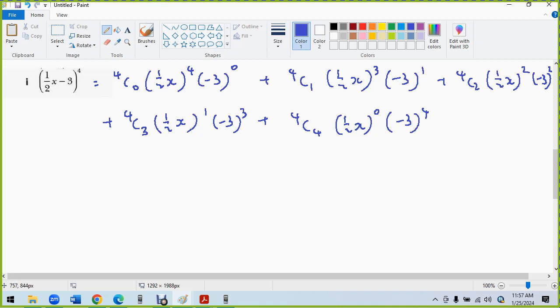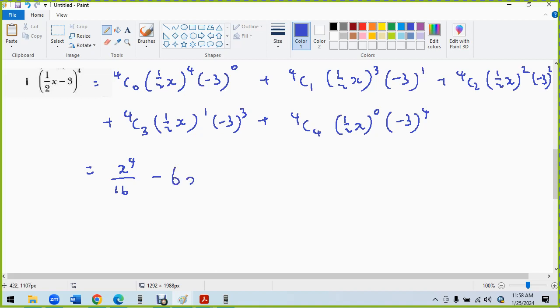Half power 4, 3, 2, 1, 0. Negative 3 power 4, 3, 2, 1, 0. So this one will be x power 4 over 16 minus, 3 times 4 is 12. This is 4. 4 divided by 2 is 2.